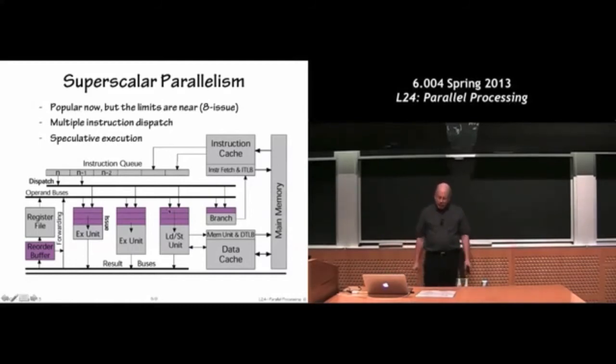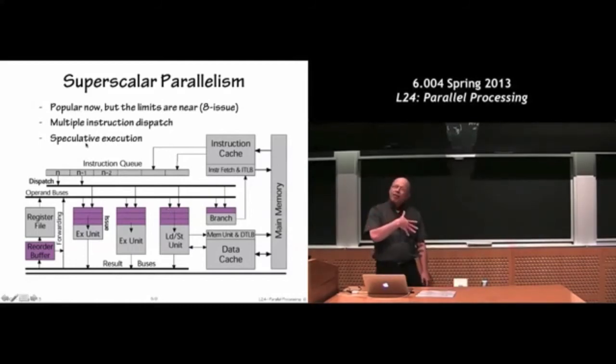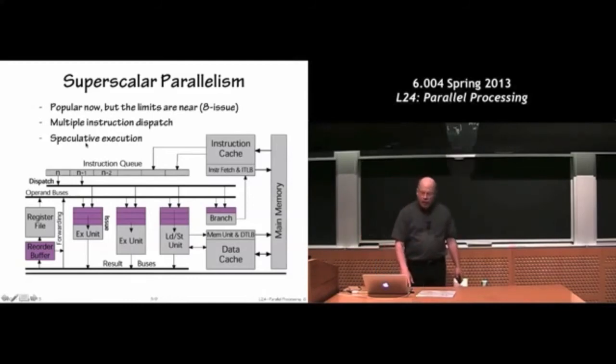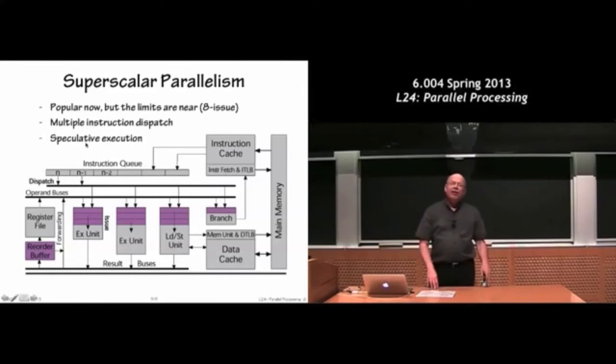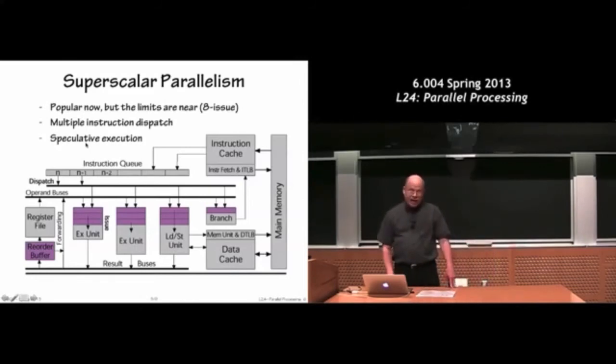Big, complicated beast. Now remember before I talked about branches and the fact that when something branches, you don't know whether you're going to execute certain instructions or not. Speculative execution is just saying, well, I'm just going to go ahead and execute them anyway. When I find out what the branch does, either I'll keep the results or I'll throw them away. And actually a fair percentage of the work that your processors do is done speculatively.